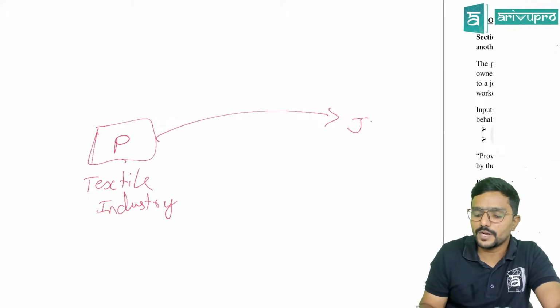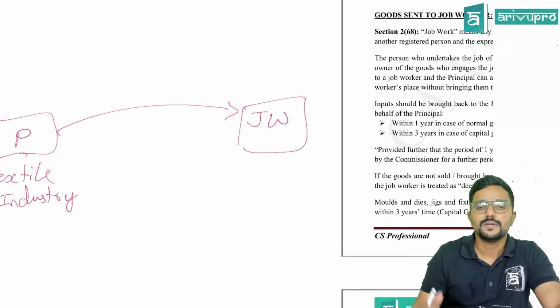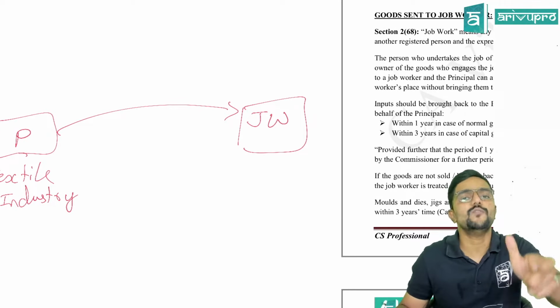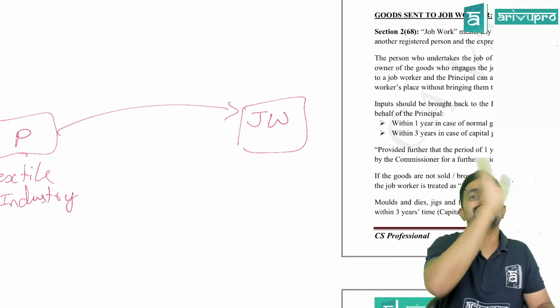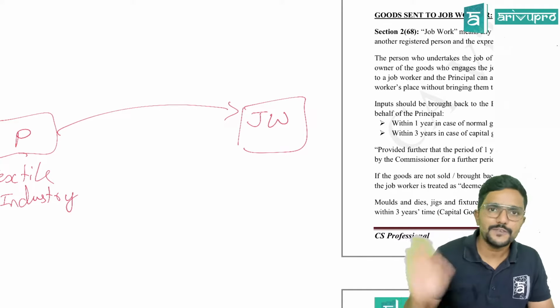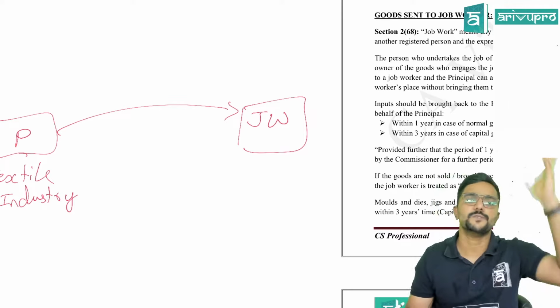There is one job worker who will do job work. Who is a job worker, first of all? A job worker is the one who does some processing for someone else's goods. He is not manufacturing anything. He is just doing some process on someone else's goods.